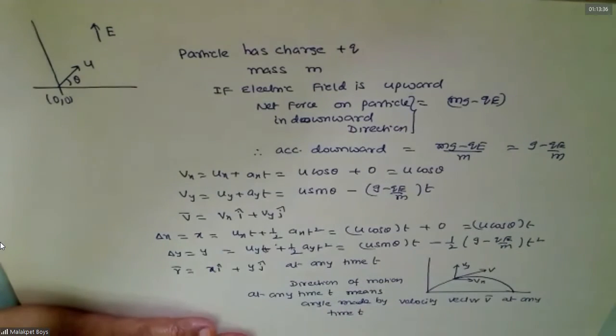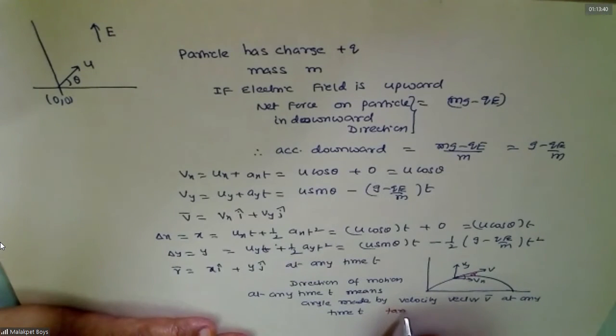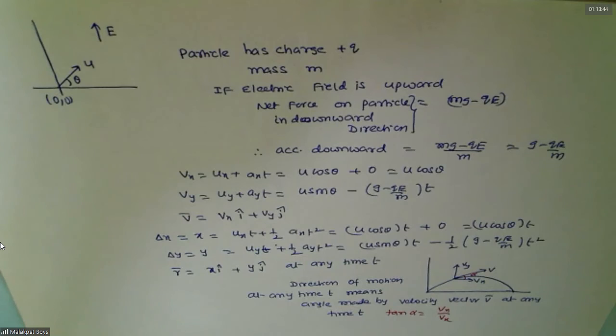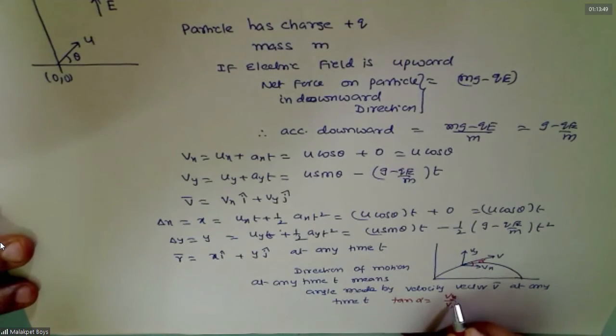Suppose this angle is some alpha. What is tan alpha you'll get? Vy by Vx. So like that you can find out the wanted quantity. Okay. Yes, sir.